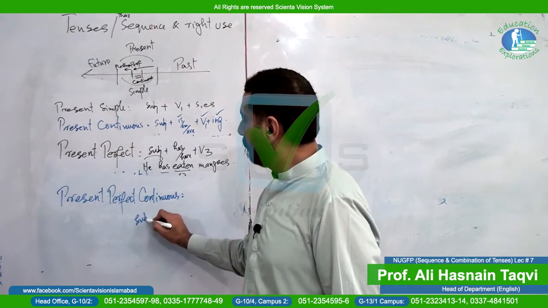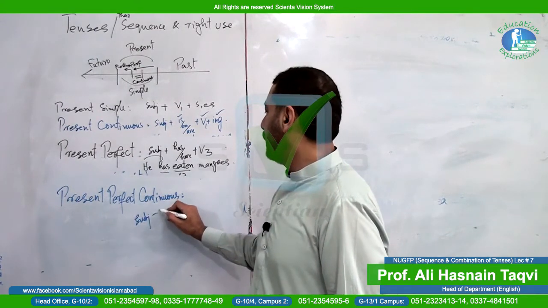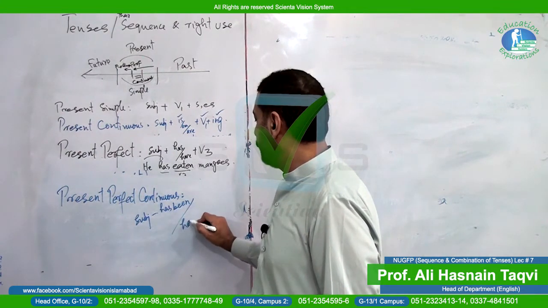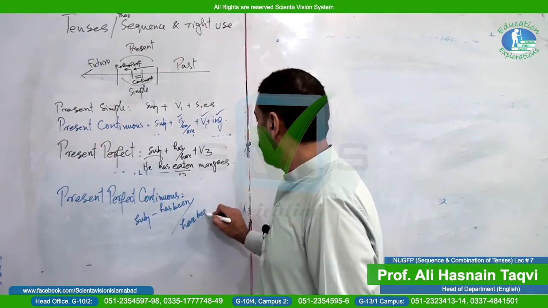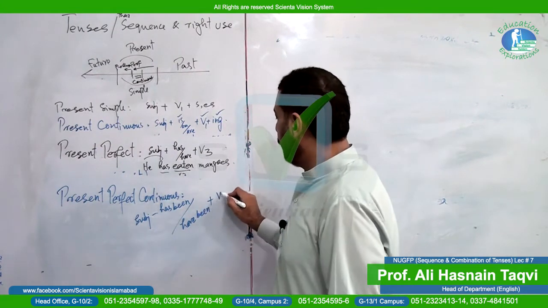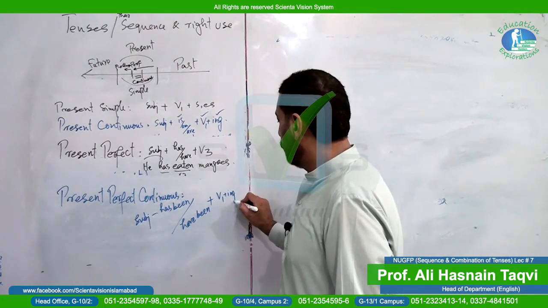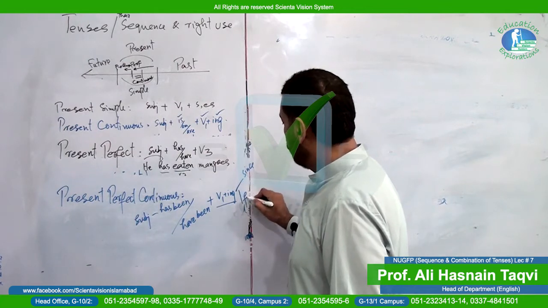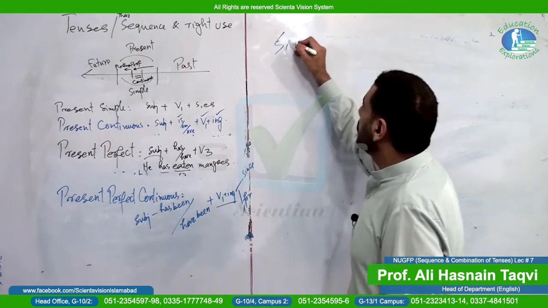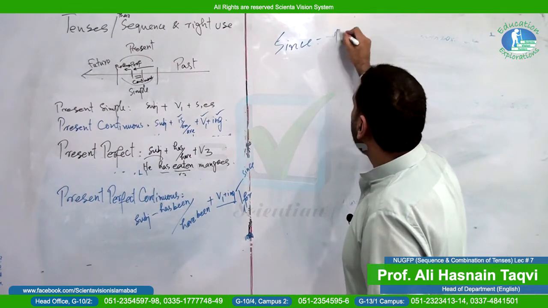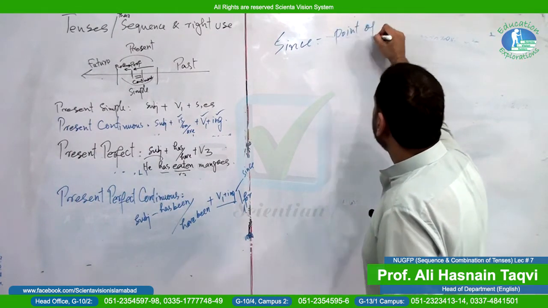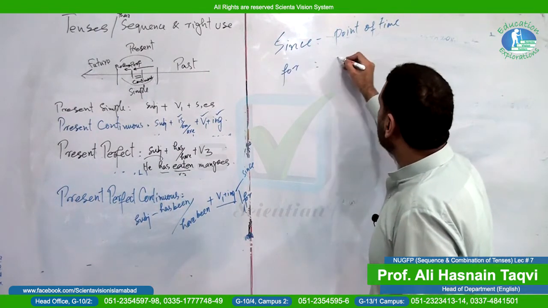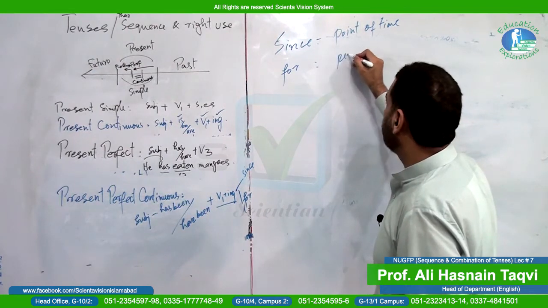Subject, either you use has been or have been, plus V1 plus ing. Then you require the use of since or for. Remember, since is for point of time and for is for period of time.